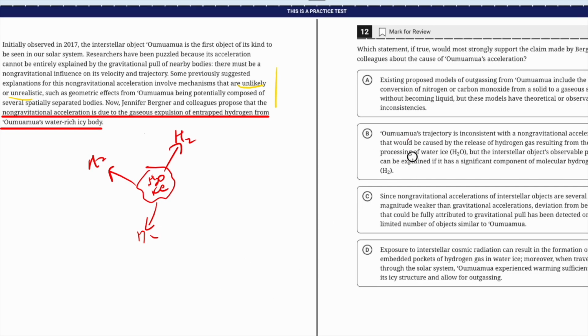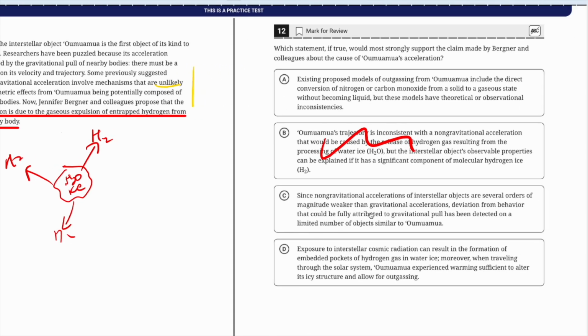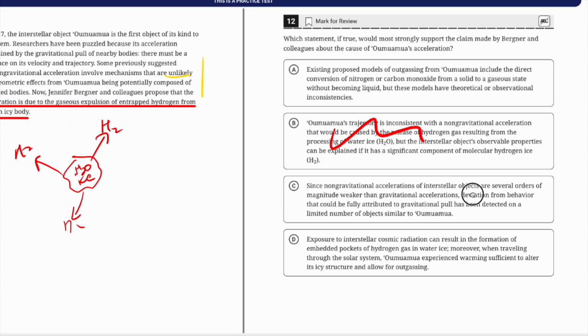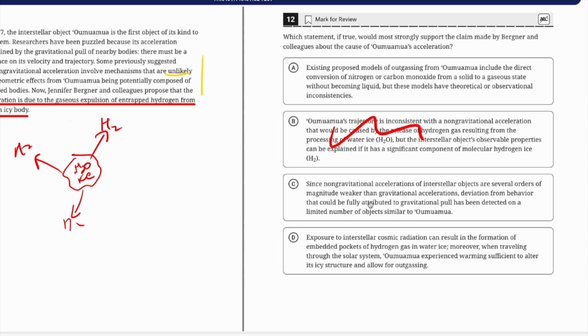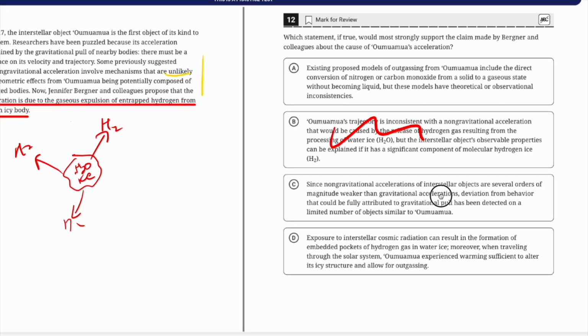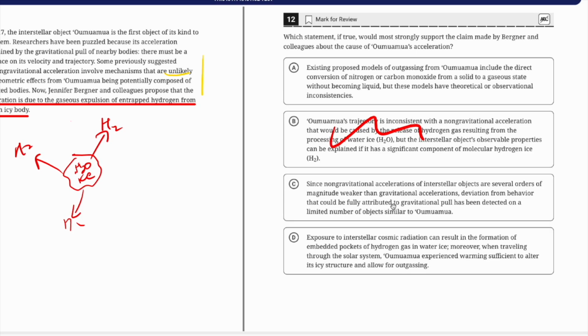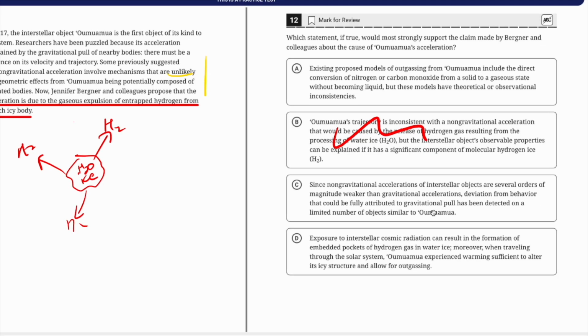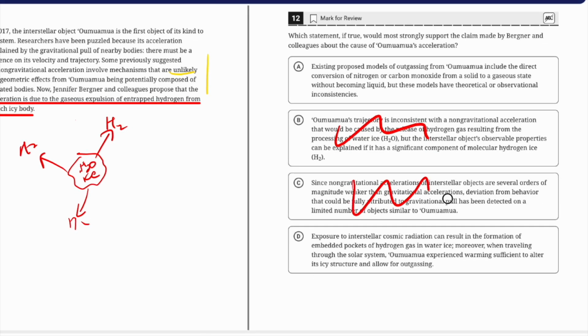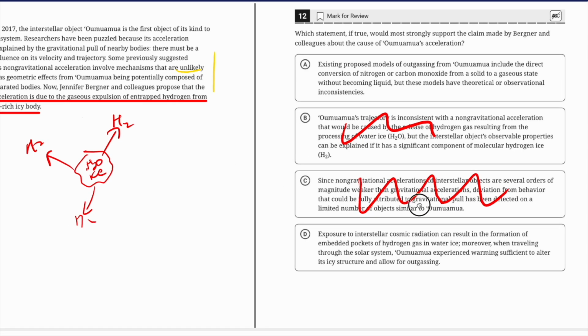I think B would weaken it. C, since non-gravitational accelerations of interstellar objects are several orders of magnitude weaker than gravitational accelerations, deviation from behavior that could be fully attributed to gravitational pull has been detected. That's not relevant. We're talking about this object, not objects similar to it.